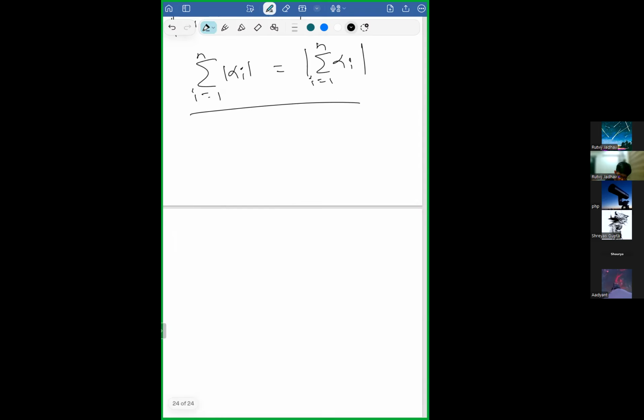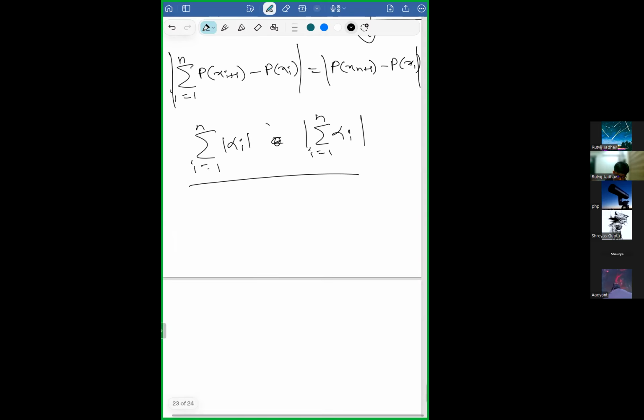Generally in the triangle inequality, the LHS is greater than or equal to the RHS. But the equality holds only when all of the alpha i have the same sign. If one alpha i has the opposite sign of the other, it would reduce the total value.